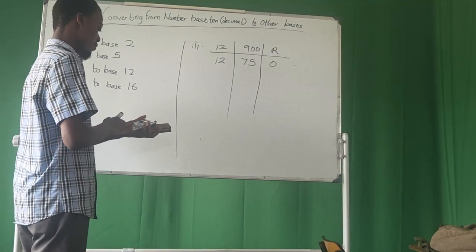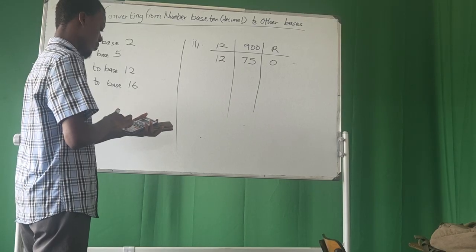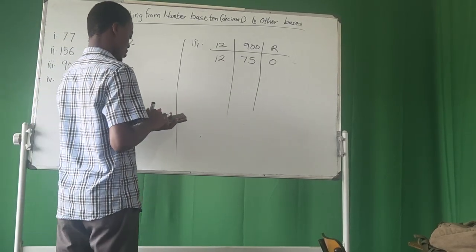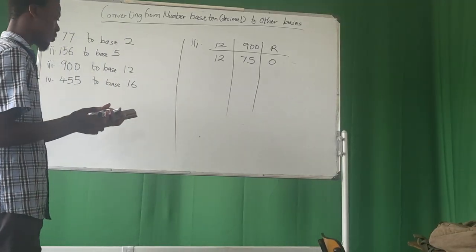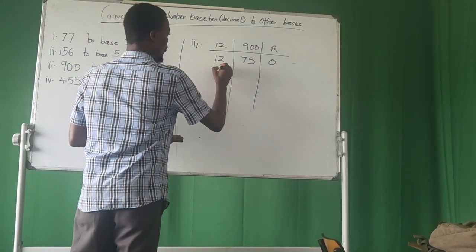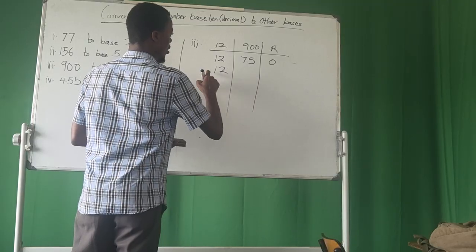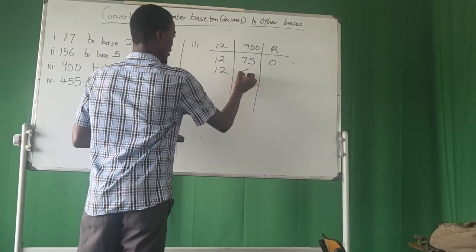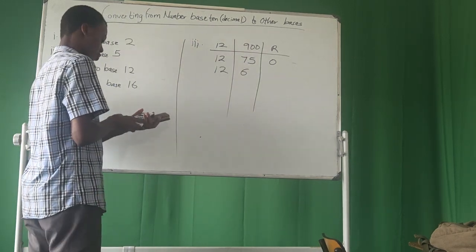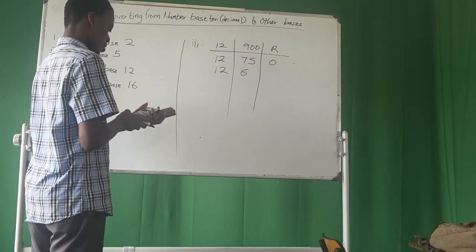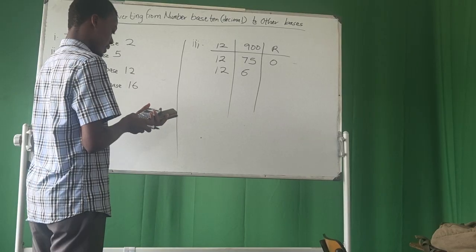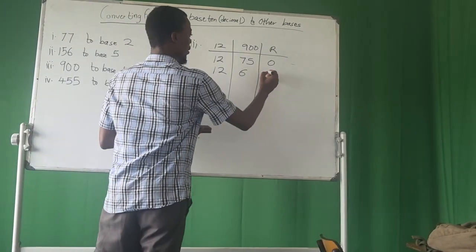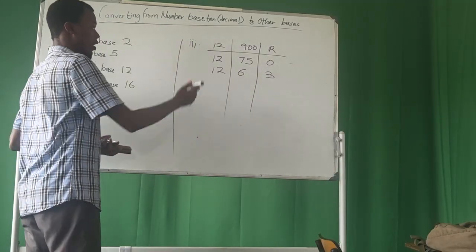So 75 divided by 12 is 6.25, so 12 goes into 75 six times. So 12 times 6 is 72. The remainder is 3. So 72 plus 3 gives us 75.